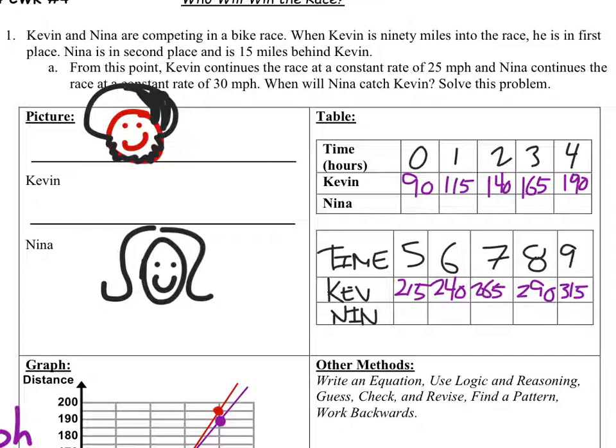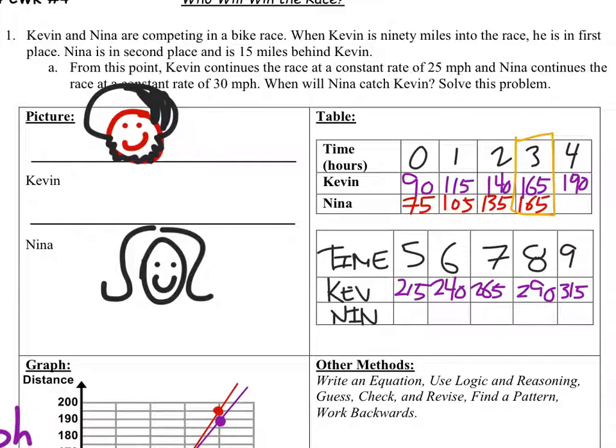Nin, on the other hand, at 0 hours was at 75 miles. Plus 30, 105. Plus 30, 135. Plus 30, 165. And there we can see at 3 hours, again, it shows that they have come to the same point. But we need to finish this table.